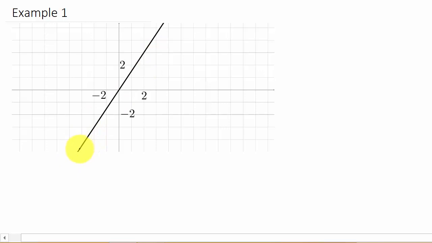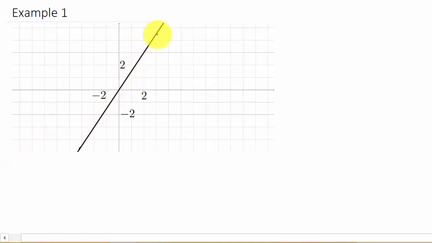So we can see that this graph is going down forever, and it's also going up forever. Not only is it going down to negative infinity, it's also going to the left.